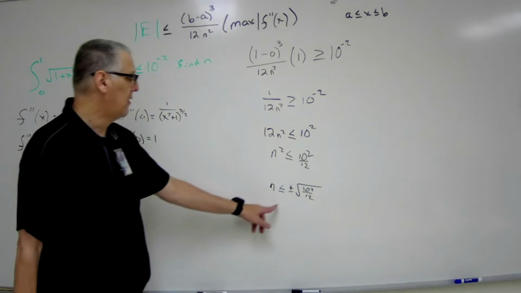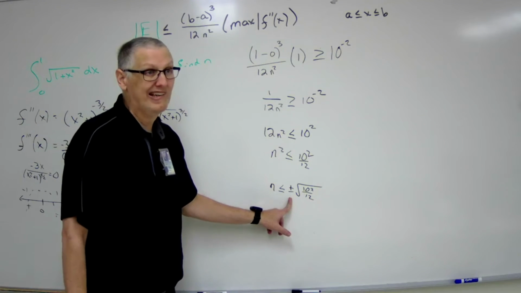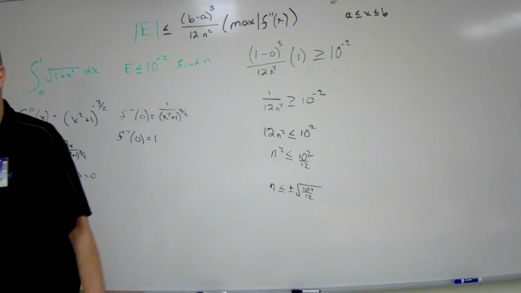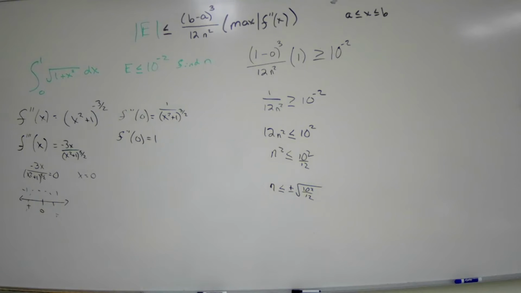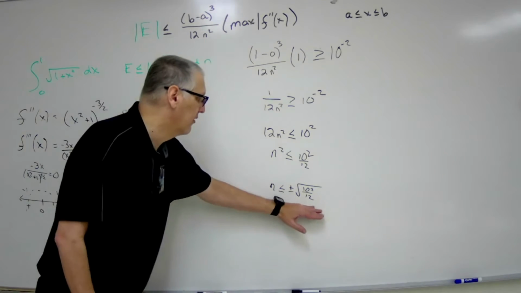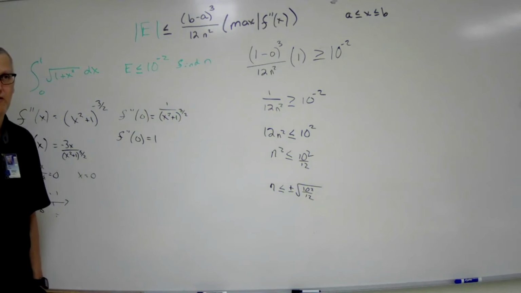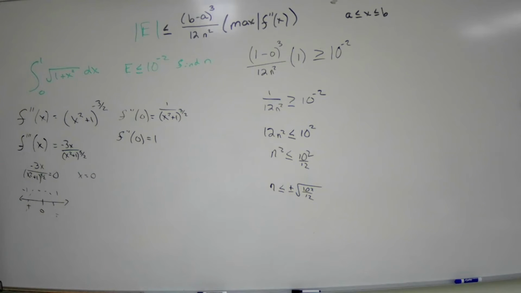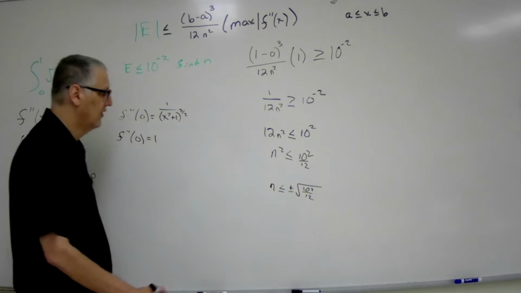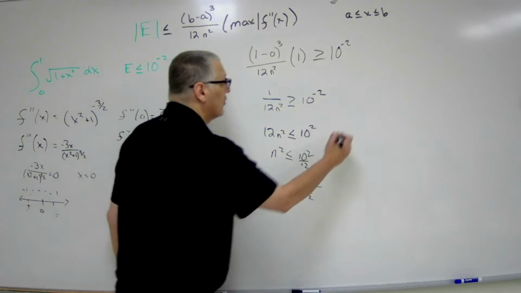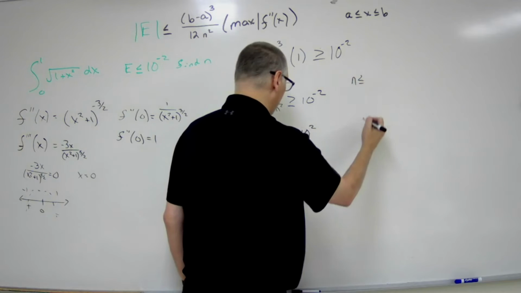Please note this plus or minus takes care of my absolute value for me. Anytime you do this, just do this to get a number. That number will be the plus or minus. I want a decimal to 3 decimal places. So n is less than or equal to what?